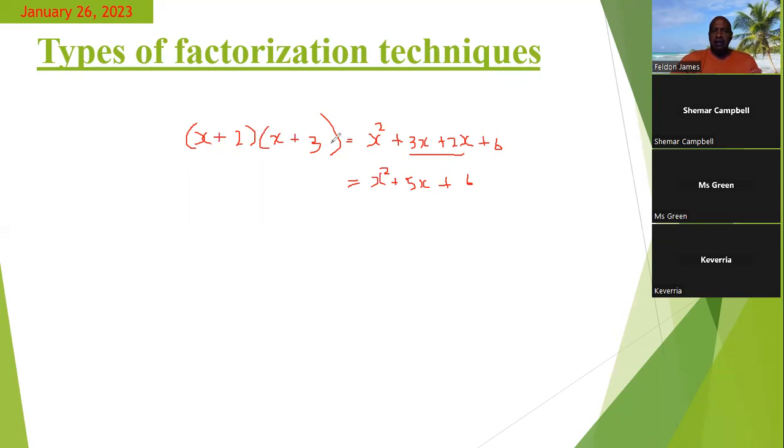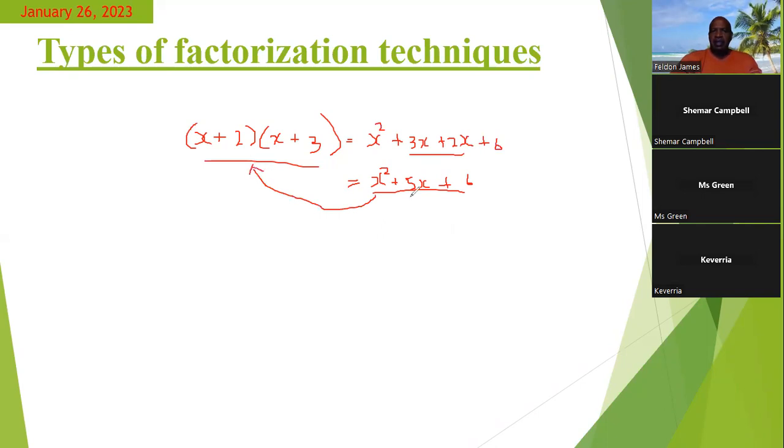Now, this is the product of these two brackets, but it means that one bracket is a factor times the other bracket, which is another factor. Now, it means that we can be given this expression and asked to factorize it. When we factorize this, we should get back this. So we have to reverse this process in order to come back from here to here.